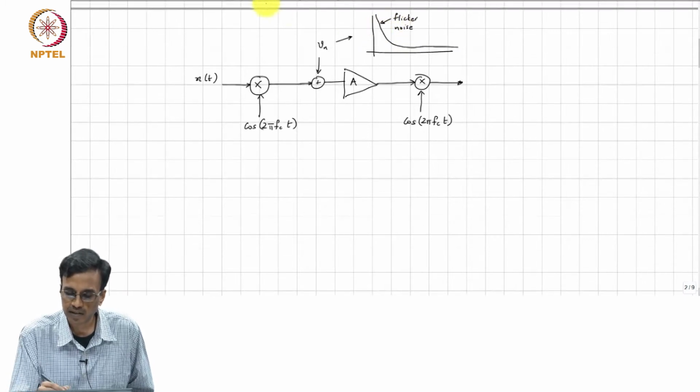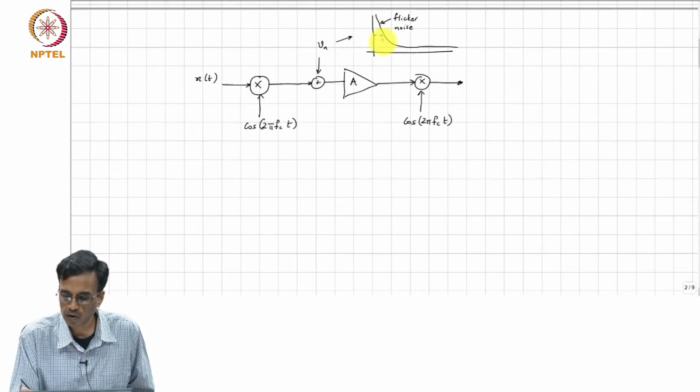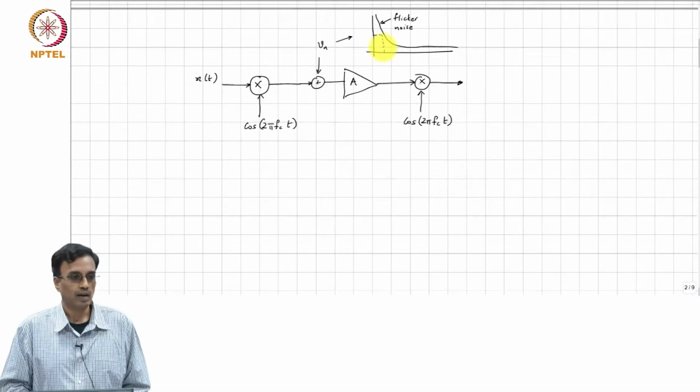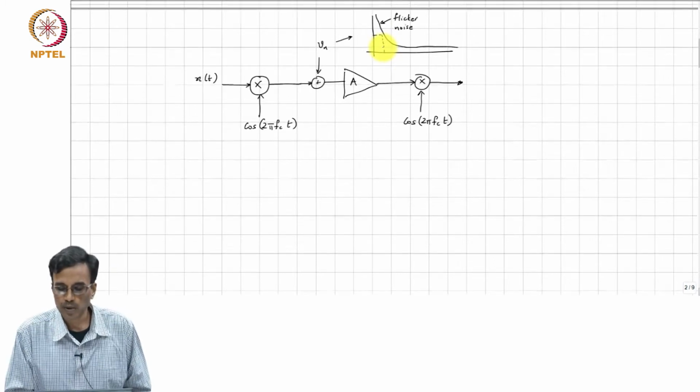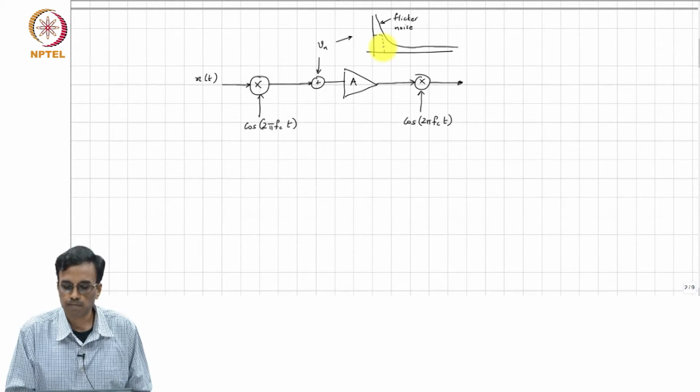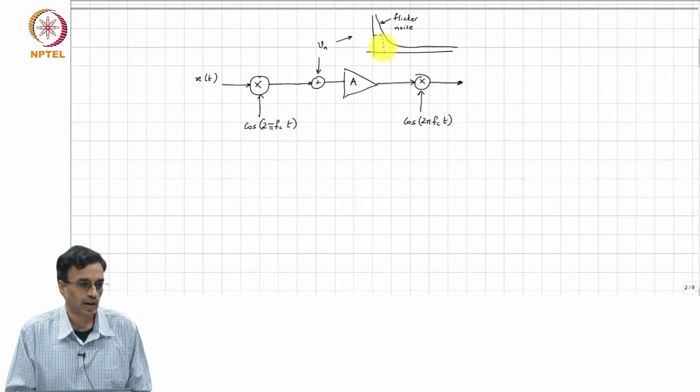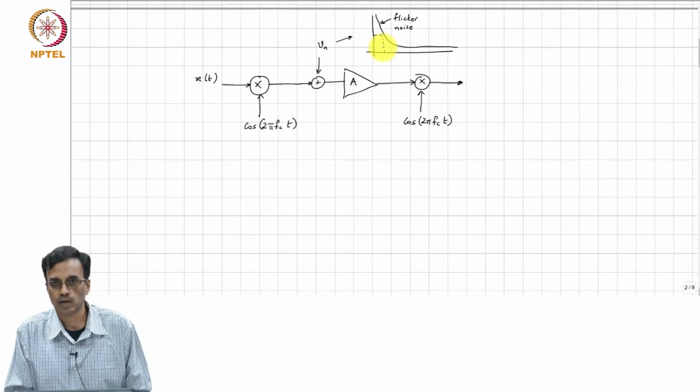Unfortunately the signal bandwidth is also at low frequency. So, this is a big problem as far as the signal to noise ratio is concerned, because the noise spectral density at low frequency is not dominated by thermal effects, but by flicker noise.